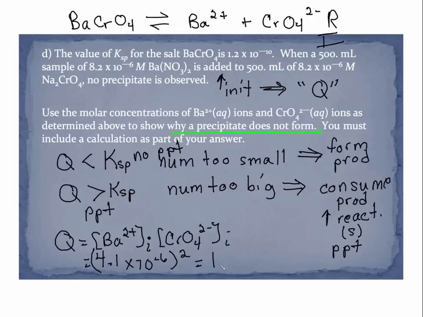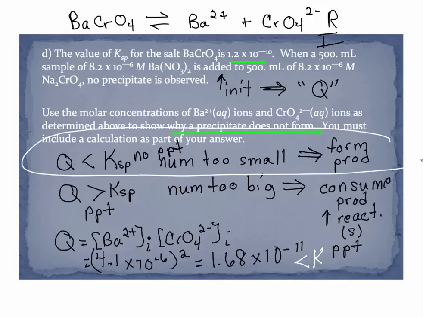So that's 4.1 times 10 to the minus 6 squared, which is equal to 1.68 times 10 to the minus 11. Well, we are given K up here. So that means that our scenario is that Q is less than K.